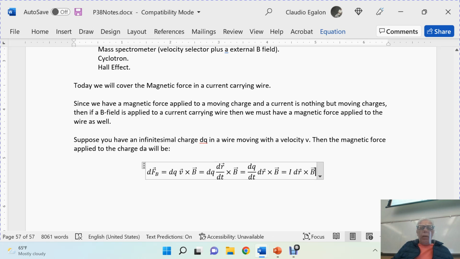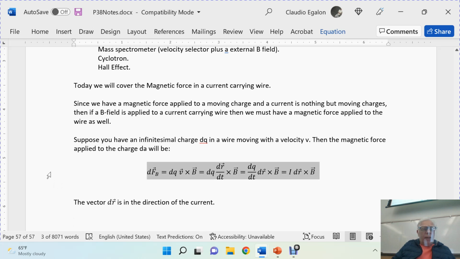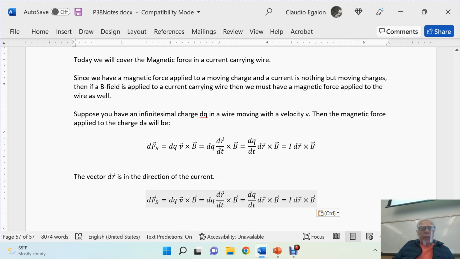Where the vector dr is in the direction of the current. Okay, and then to solve this problem, we have to integrate this equation in order to find out the net force in the wire.